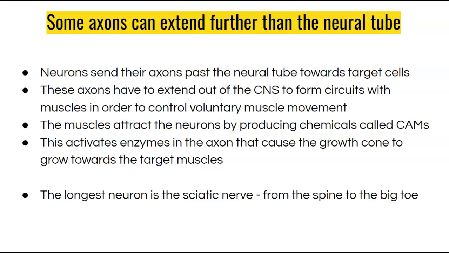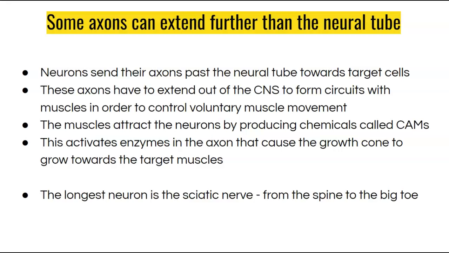So the muscles attract neurons by producing a chemical saying, hey, I need an axon to come hang out with me, and I'm producing this chemical to lure you over here. Okay, those chemicals are called CAMs, and they activate enzymes in the axon that cause that growth cone to grow towards that muscle.